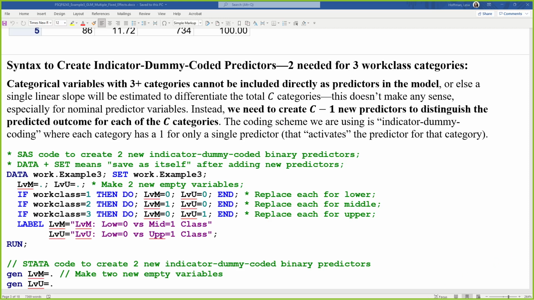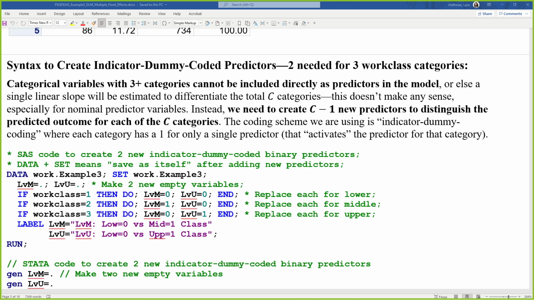And how many new predictors do we need? Like if I have a categorical predictor that has 3 categories, how many new predictors do I need to represent those 3 categories? It's 2? Yeah, this is a finger question. And if I had 4 categories, how many new predictors would I need? 3. And if I had 5, I would need 4.